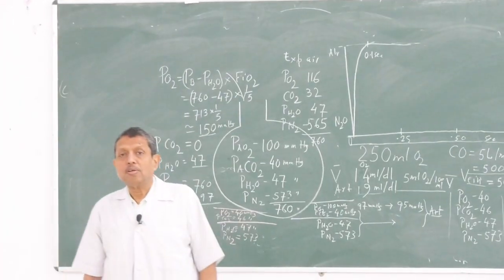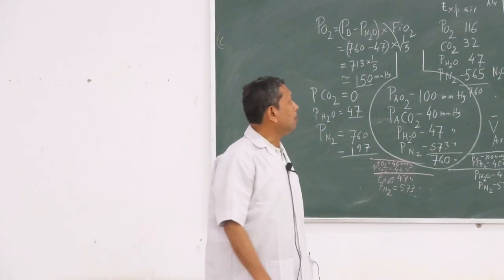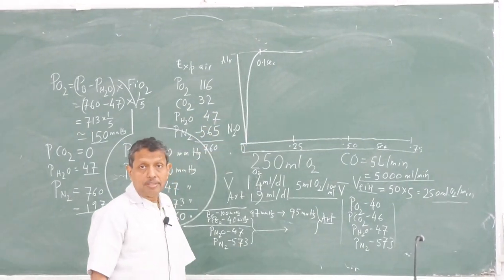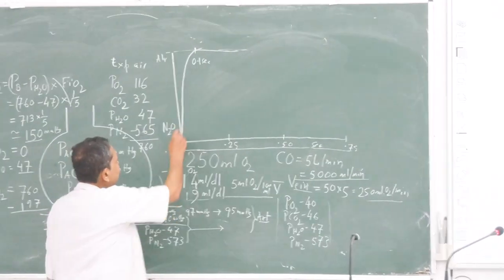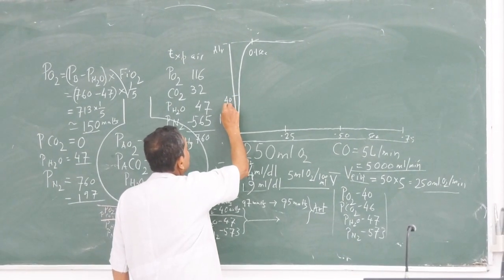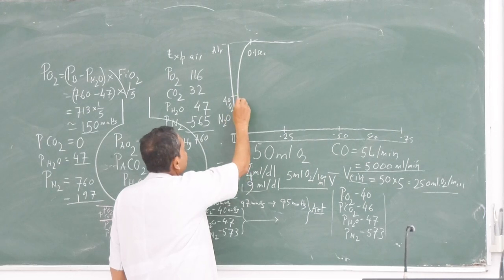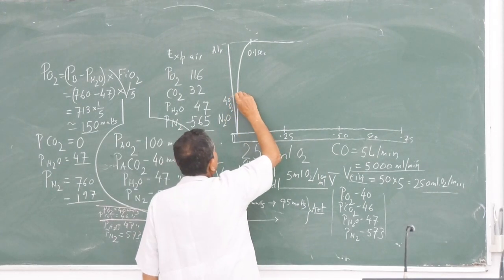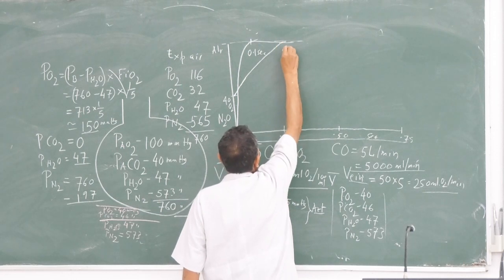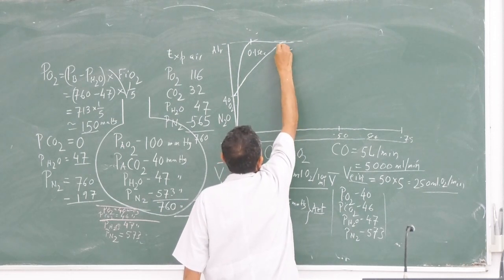In case of oxygen, suppose it is 100 millimeter of mercury in the alveoli, and 40 millimeter of mercury in the blood. In that case it will equilibrate at 0.3 seconds or so.